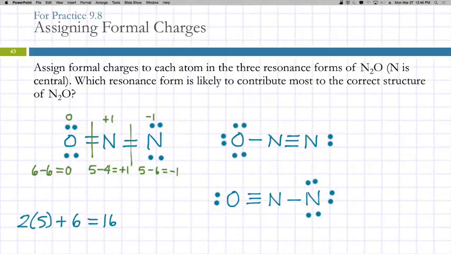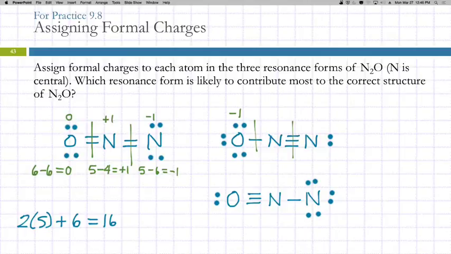So let's look at this one over here. Break things up equally. Let's do it without writing it out. Oxygen, all by itself, has 6 valence electrons. How many does it get when this breaks up? 7. So 6 minus 7 is negative 1. Nitrogen in the middle came in with 5.